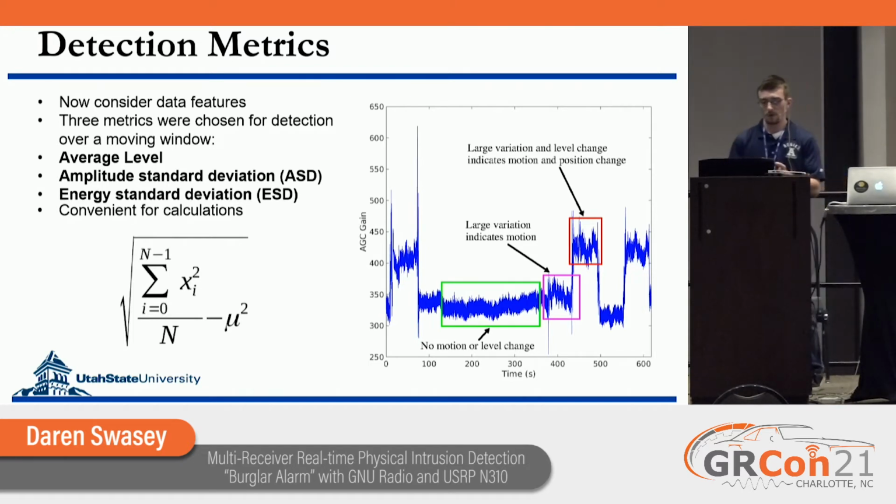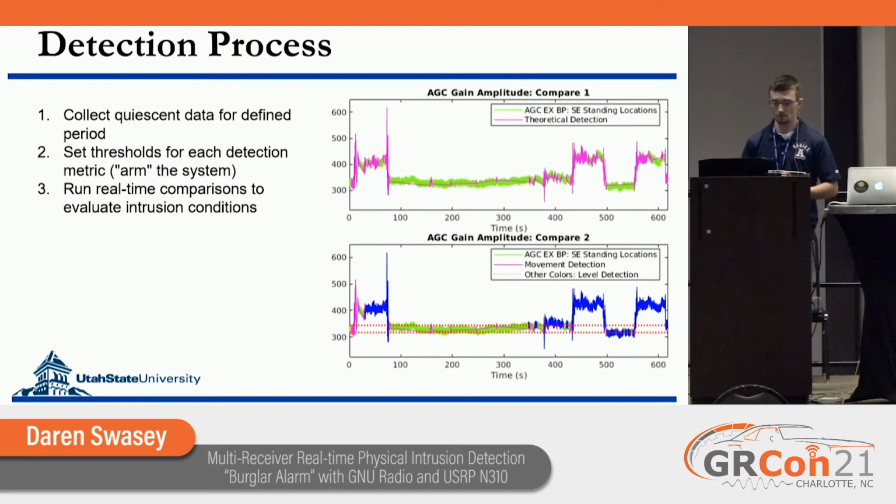And then by finishing off that calculation, we have the amplitude standard deviation. And then that first term in that equation can be used for the energy standard deviation, where that feeds into mu, and then you square that again and finish the calculation. So these 3 metrics provide a lot of information, and they're very closely connected. So it's really quite simple to get more data and evaluate what's going on.